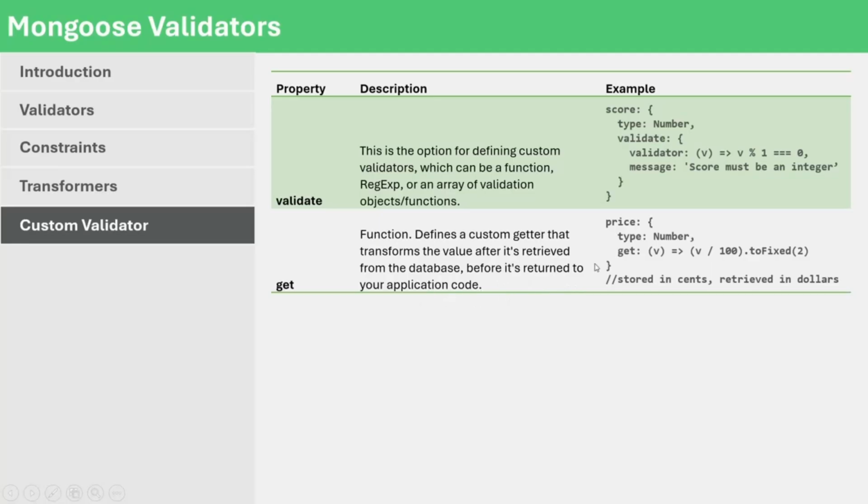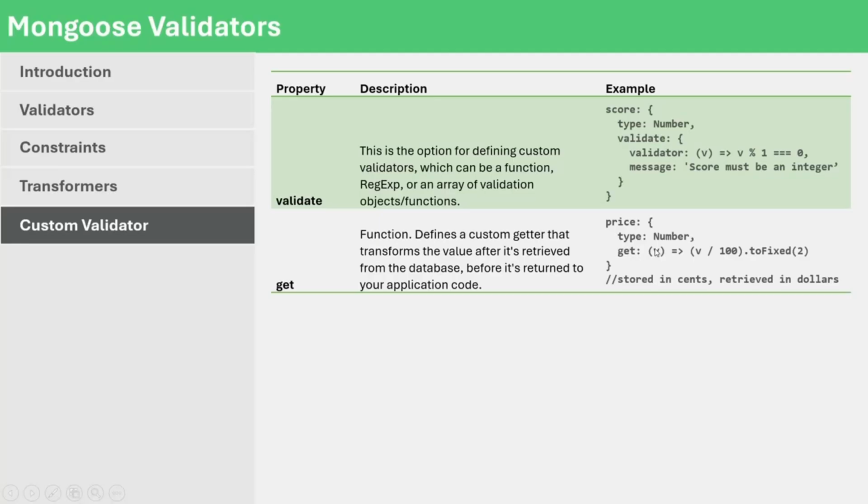So for example, let's say in our database, we are saving the price of a product, and let's say we are saving it in cents. But when the data is retrieved and when we want to use it in our code, we want to use it in dollars. So here, before using the data which we have retrieved from the database, we want to transform it in some way. And for that, we can use this get option.